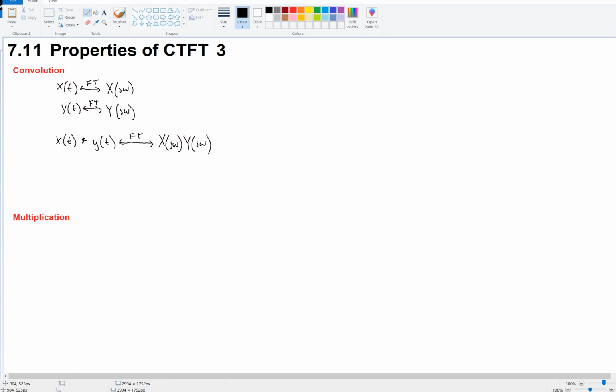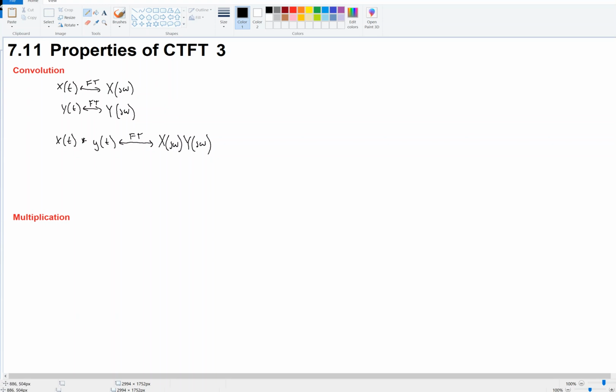This is amazing to us because convolution is important to us, and we spent a long time on convolution, and it turns out you can sidestep convolution if you want. All you have to do is take the Fourier transform of the things that you are trying to convolve, and then just multiply them in frequency.